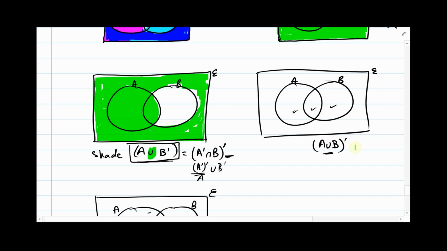In order to shade A union B complement, it would be everything outside of those three regions. So literally, it's everything outside of the circle. Again, using De Morgan's law, we could have asked, am I in set A, am I in set B? I am not in set A and I'm not in set B, which is really De Morgan's law again, that expansion.